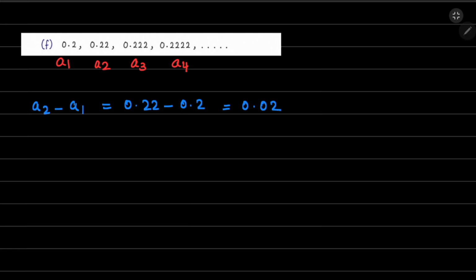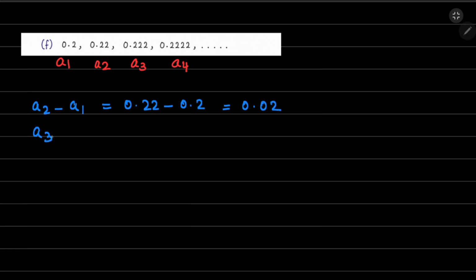Yeah. 0.2, 0.22 and so on. Let's do it. So you have your first term, second term, third term and fourth term. So a2 minus a1 is equal to 0.22 minus 0.2. How much will that be? 0.02.